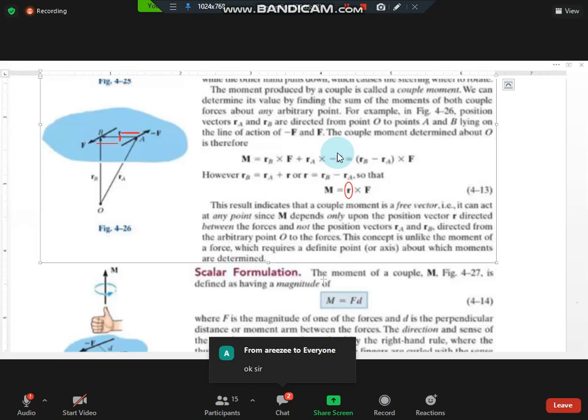Now scalar formulation. The moment of a couple M, figure 2.7, is defined as having the magnitude M equals FD.